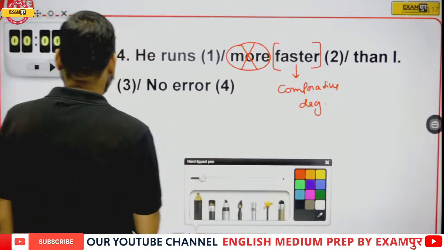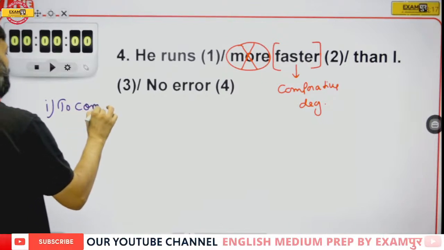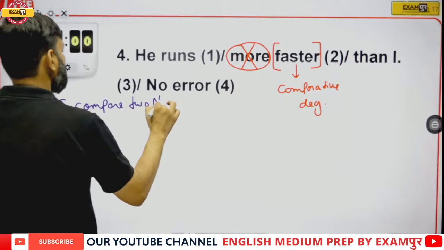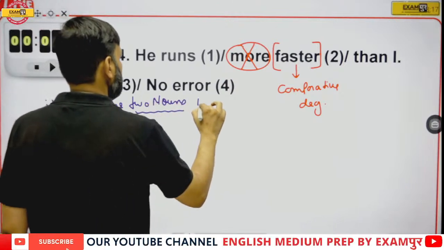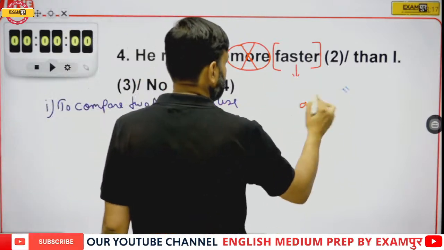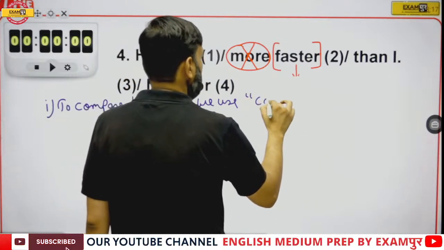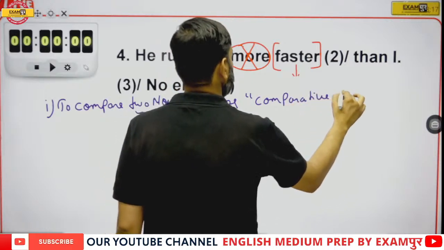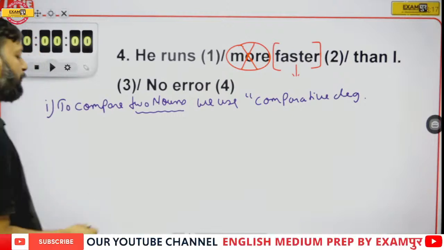To compare two nouns, we use comparative degree.